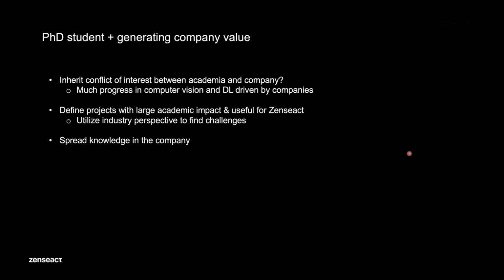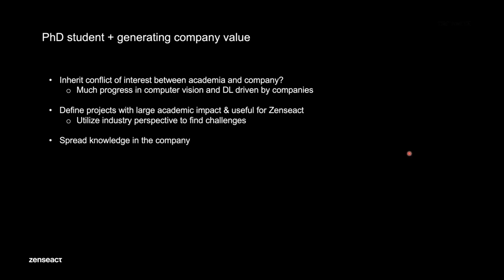A good thing with the field of computer vision and deep learning is that a lot of progress in this field is actually driven by companies. So there's actually not much of a conflict in this field. So I think that this is a really good area.